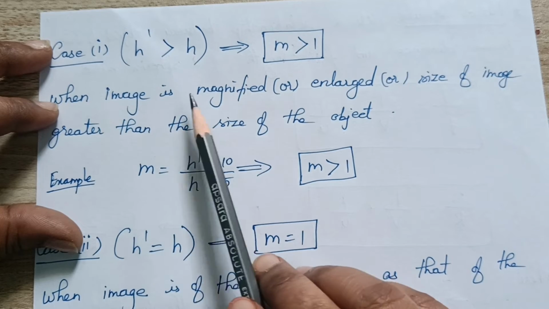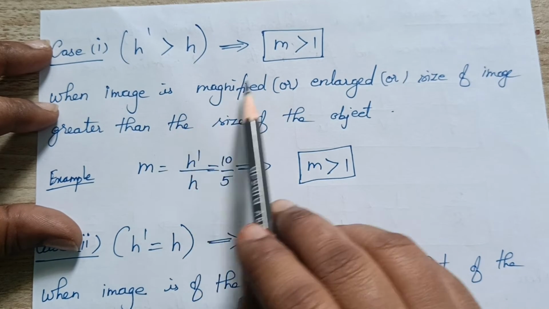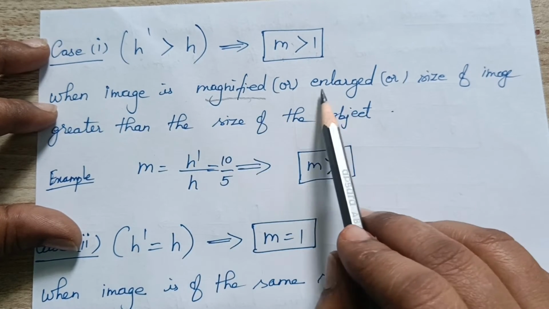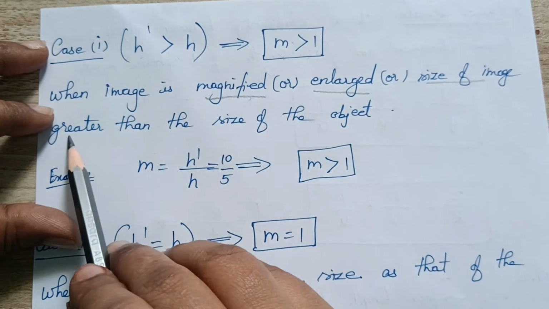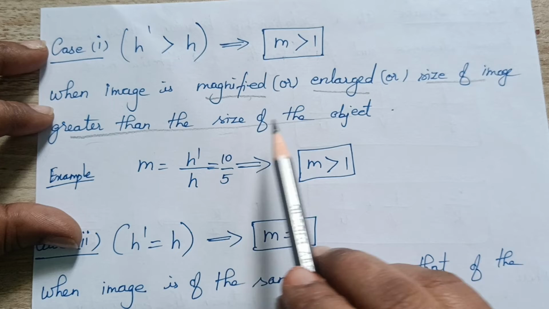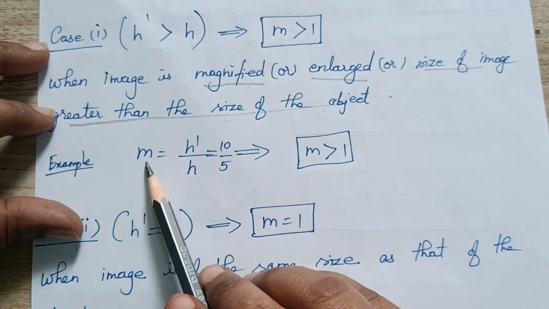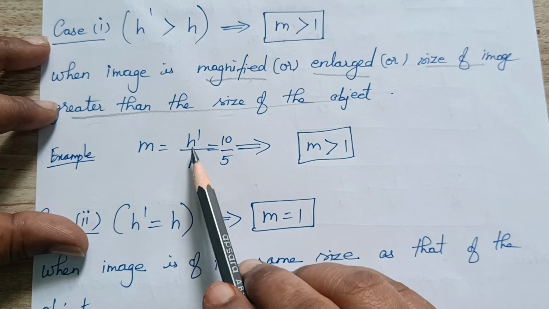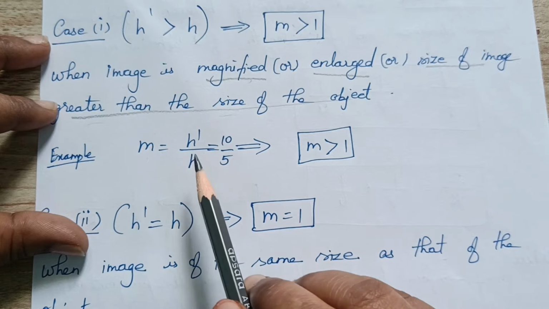That is when the image is magnified or enlarged, the size of the image is greater than the size of the object. That means magnification equals h dash by h, the height of the image by the height of the object.